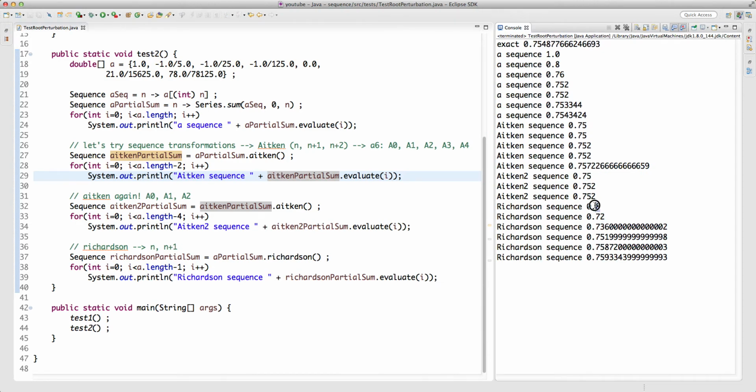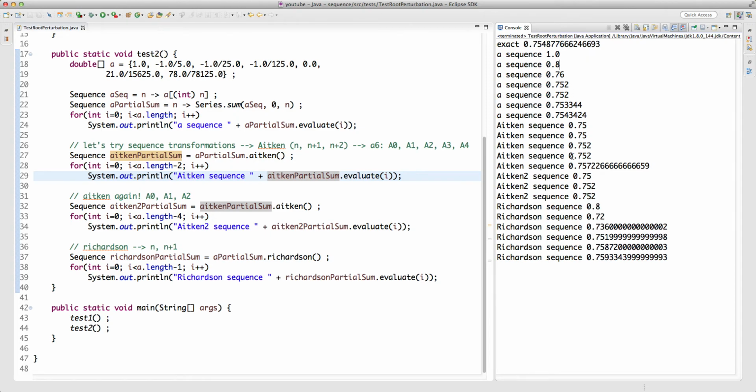So Richardson starts from 0.8, 0.72, 0.736, 0.752 basically, 0.7587, 0.7593. So it kind of gets away from the exact solution, which is 0.7548. So it just seems to increase more and more. But Aitken and Aitken2, they remain around 0.752. Okay.